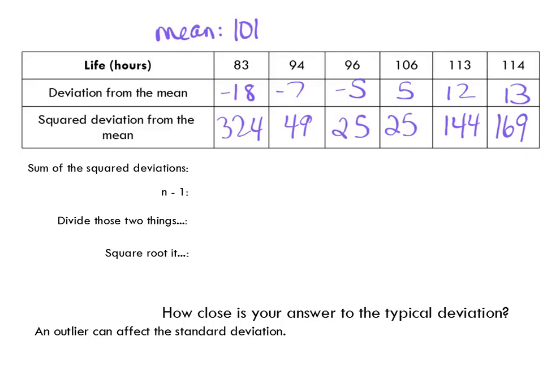If you add all of them up, you get 736. N, keep in mind, is how many data points there are, and it looks like 1, 2, 3, 4, 5, 6. So n minus 1 is 6 minus 1, which is 5. And we're going to divide those two things, because it said the sum of the squared deviations is divided by 5.